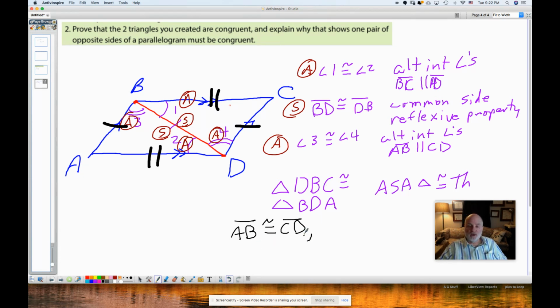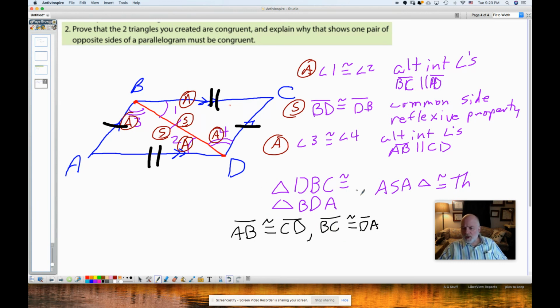And we can also say that segment BC, which is my last two letters here, is congruent to segment DA. Why? What rule can I give for that?